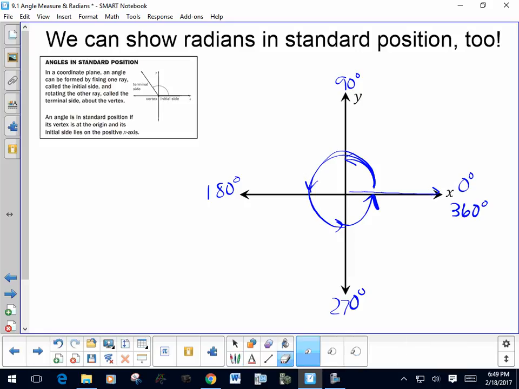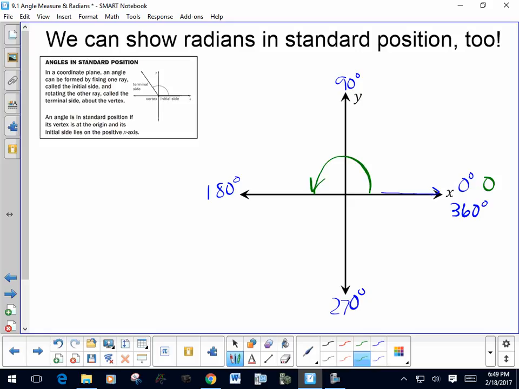Well, let's think about that in radians now. We've just started talking about radians. So let's see. In radians, if we start here at 0 radians, all the way to the other side of the x-axis, a half of a full rotation is exactly pi radians. And if we go all the way around, it's 2 pi radians.